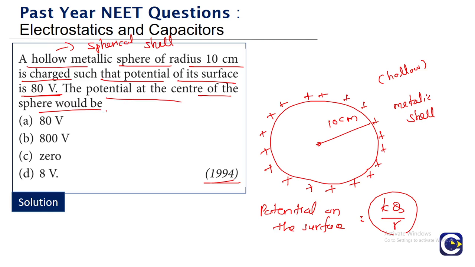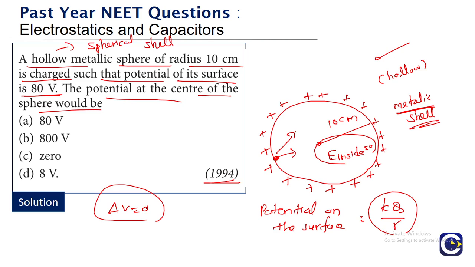Potential at the center of the sphere would be, now for a hollow metallic shell, the field inside will be 0. So inside the shell there will be no field, which means when we are moving from the surface to any point inside, since there is no field, the potential difference will be 0.